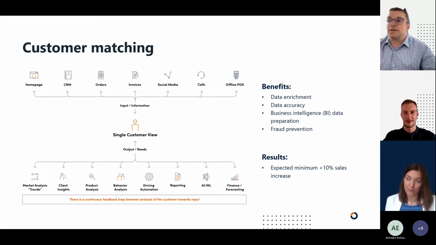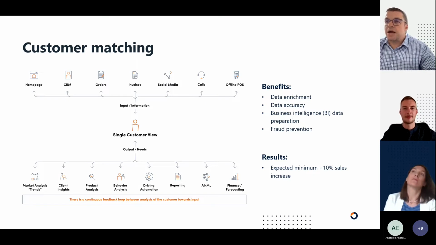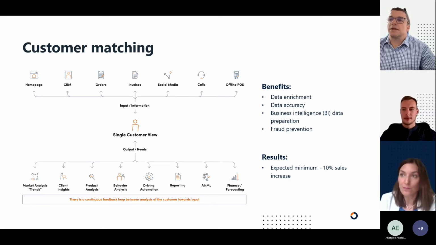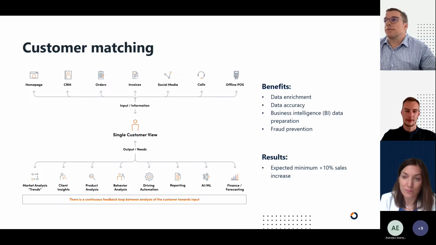Usually in reality it's a little bit different. Sometimes you're missing data on the front end. Sometimes you are missing some data in retail, like offline data. And also not all the mentioned analysis, as you see below, like some product analysis, maybe some AI and ML algorithms, are present.